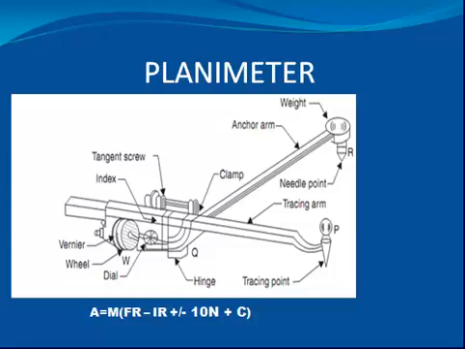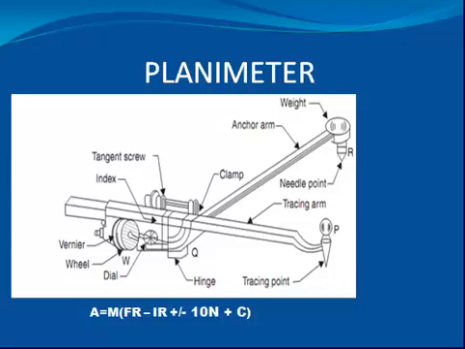FR is the final reading, IR is the initial reading, N is equal to number of times 0 of the dial has passed the fixed index point. C is equal to constant of the planimeter whose value is marked on the top of tracing arm just above the scale of division. Please note that the constant of the instrument is to be taken into account only when the pole is situated inside the figure.